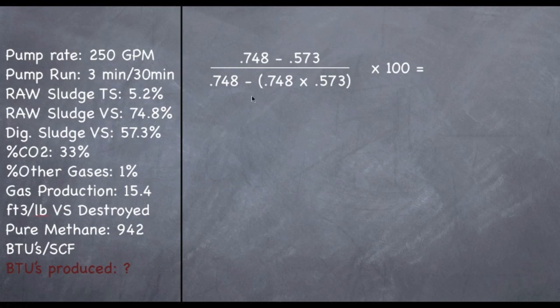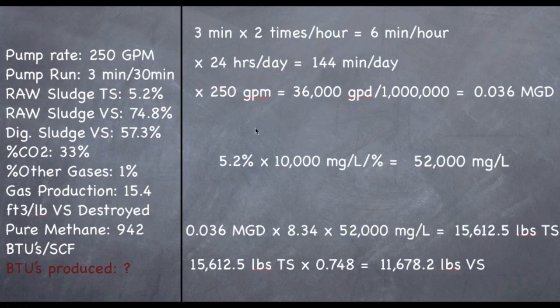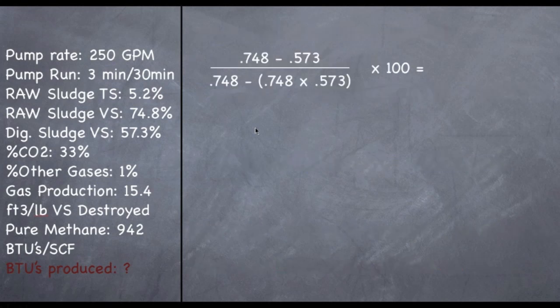So we plug all this in, and when we do the math, that becomes 0.175, that becomes 0.429, followed by 0.319, and when you divide the two and then multiply by 100, we get a volatile solids reduction of 54.9%. So that's how much we're going to get rid of that original 11,678.2. We're going to get rid of a little over half of that.